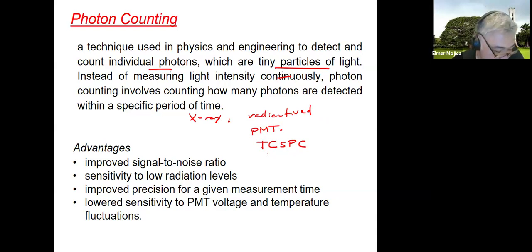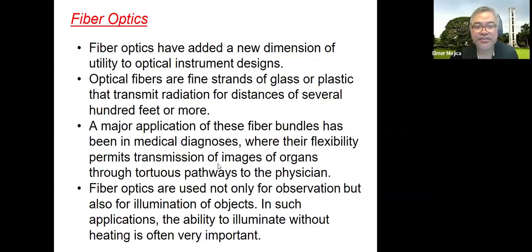And the advantage of photon counting is that it improves the signal-to-noise ratio, sensitivity to low radiation levels, improved precision for a given measurement time, and lowered sensitivity to the PMT voltage and temperature fluctuation. So I think I'll end here.